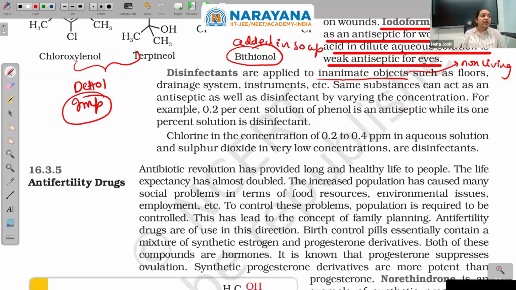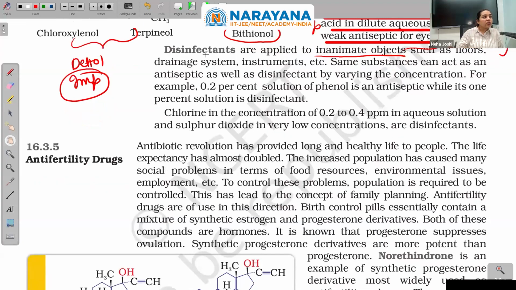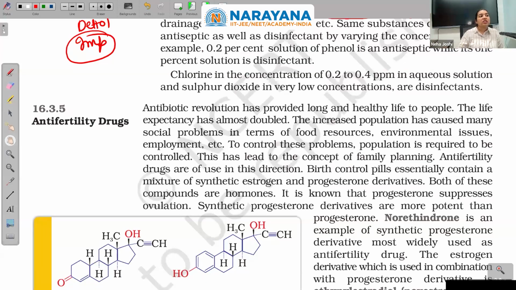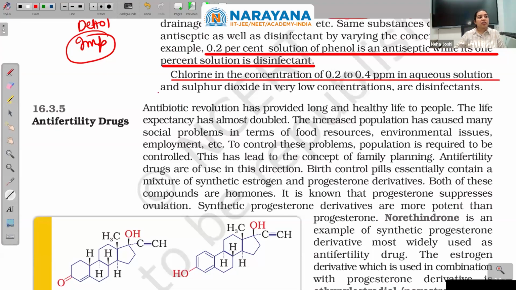The same substances can act as an antiseptic as well as a disinfectant by varying the concentration. For example, a 0.2% solution of phenol is an antiseptic, while its 1% solution is a disinfectant. Antiseptics apply on the skin; disinfectants on the floor and furniture, all non-living things. Chlorine in the concentration of 0.2 to 0.4 ppm in aqueous solution and sulfur dioxide in very low concentrations are also disinfectants.